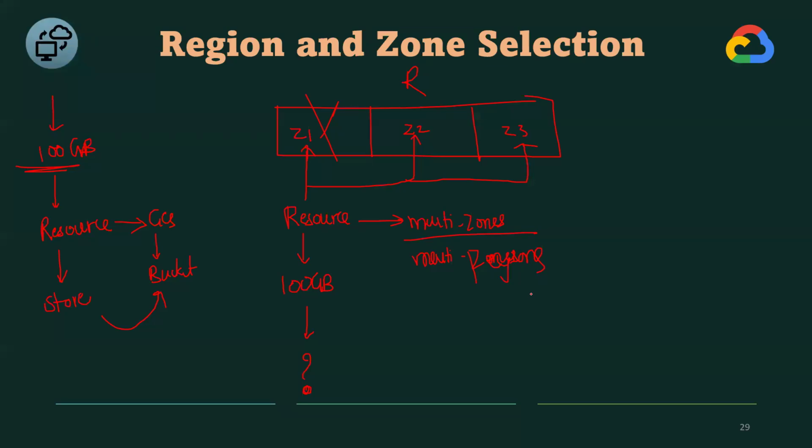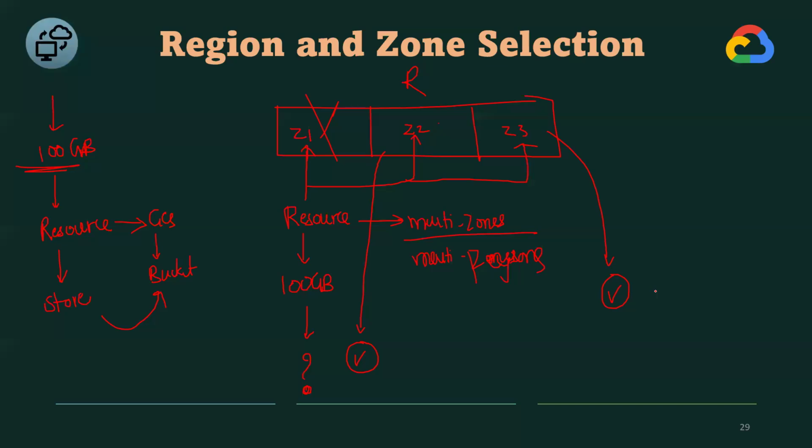Whenever you are creating a resource, whether it is an application, storing data, doing some other data processing, or creating some cluster, whatever it is, try to select multi-zones or multi-regions so that even though that single zone is crashed, you can have your data coming from here. You can have your data available from here. Even though this one is also crashed, you can have the data from this zone.